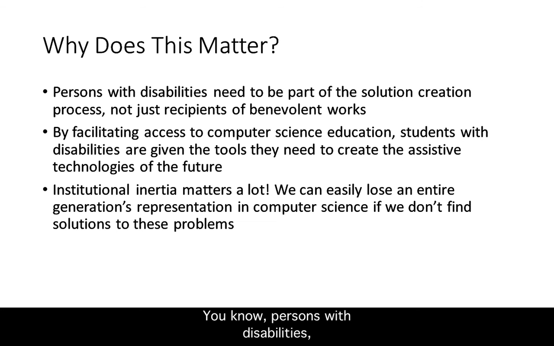Persons with disabilities, and I mentioned this earlier, need to be part of the solution-making process. If we are not allowing students with disabilities to get into programming and to start solving and contributing to the solutions for their own problems, then it really violates that sort of advocacy principle of nothing for us without us, right?